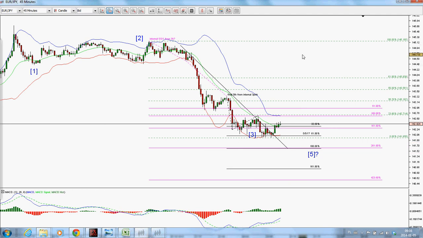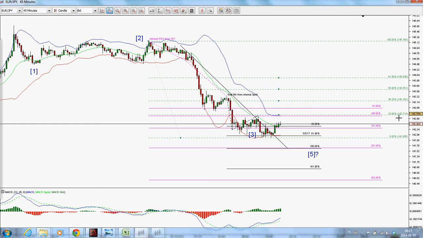If this is the 3, the green levels show where the 4 can end. The second wave was longer and deeper, so this could be faster and less deep.